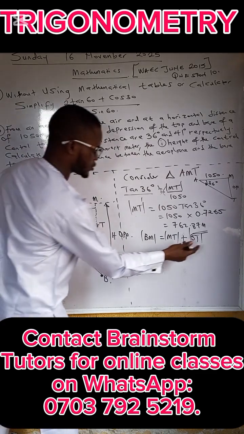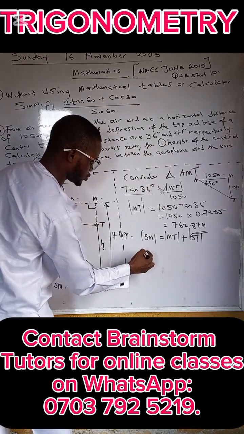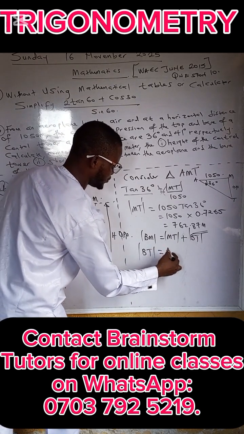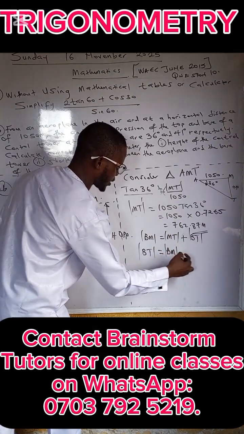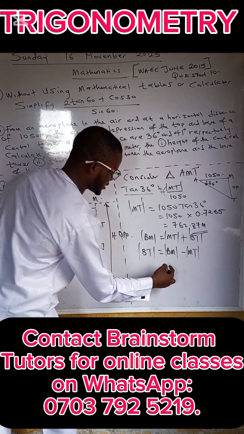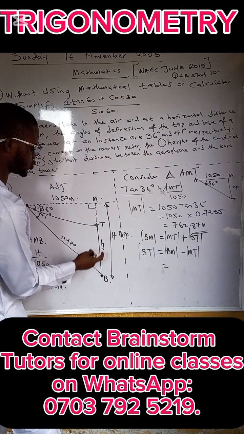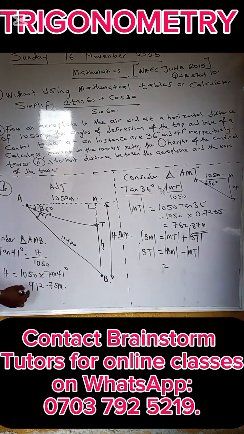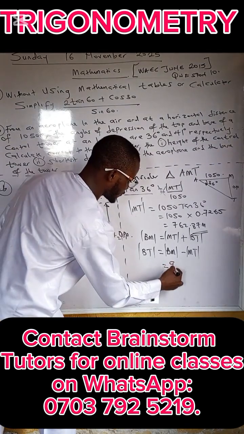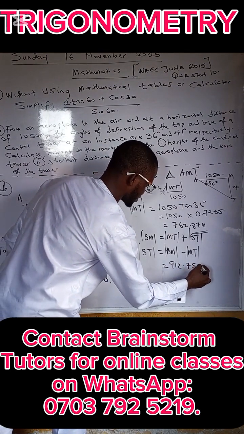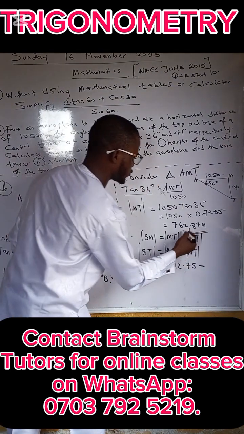So my BT is going to be, we just make it the subject of the formula, BM minus MT. So my BT, which is the height of the control tower, is going to be, what was my total BM? That is my capital letter H, and we have found it to be 912.75 meters. I'm going to have 912.75 meters minus MT that we have looked for here.